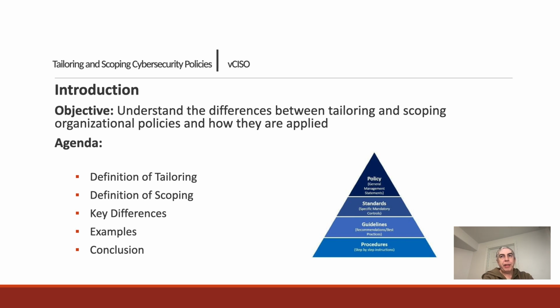To refresh your memory, I brought this pyramid from the ISC2 CISSP that talks about policy, standards, guidelines, and procedures. Policies are general management statements defined at the executive level. They talk at a high level: all remote workers must use protected or encrypted channels.